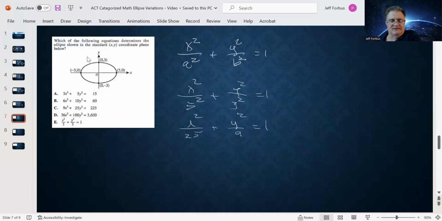Now we got to convert this standard form into the form that we see in our answer choices there. So think about this as just adding two fractions together. So we need a common denominator, right? So we're going to multiply x squared over 25 by 9 over 9, and then we're going to multiply y squared over 9 by 25 over 25.